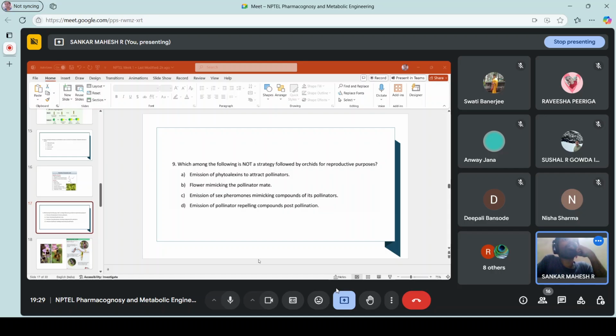Does anyone want to try this? You just need to mention why a particular option could be incorrect. Shall I tell, sir? Yeah, you can start with one option. Why you think a particular option could be incorrect.